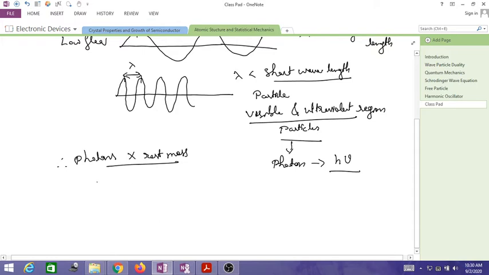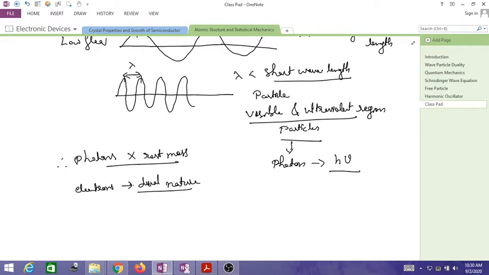And like photons, electrons also have a dual nature. Not just electrons, but heavier particles such as protons, neutrons, atoms or molecules show wave-like behavior.